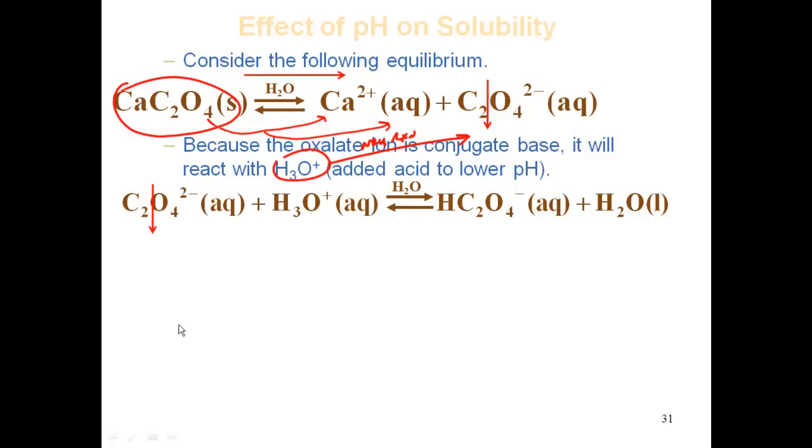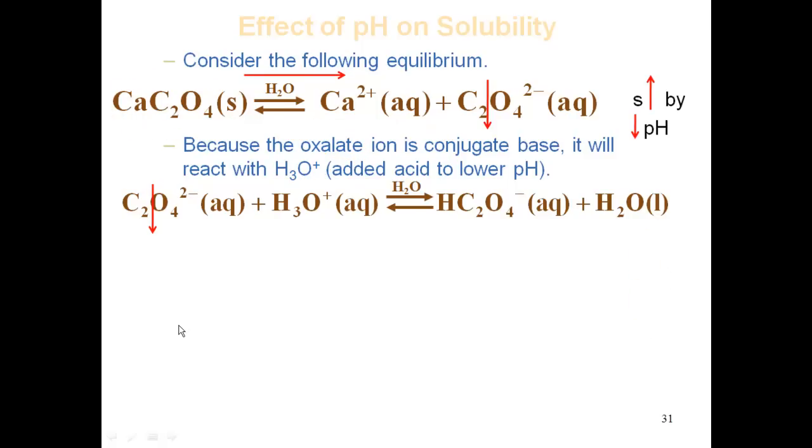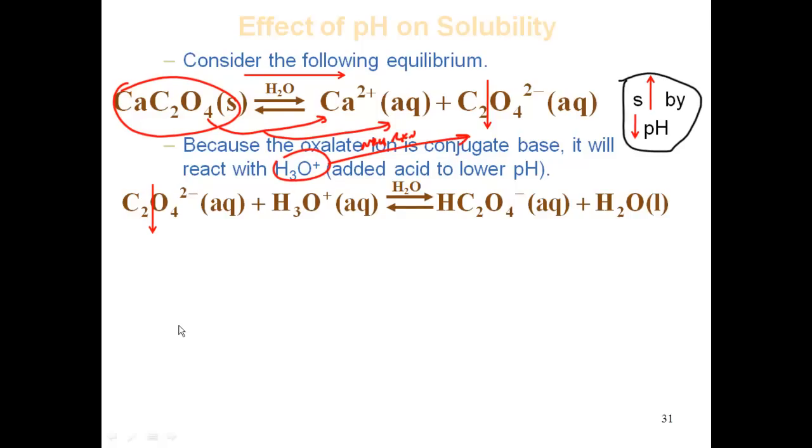Which way? Well, if the solid is breaking up into more ions, that means I'm getting more of that solid into the solution. That basically means that my solubility will be increasing by decreasing the pH. So in this particular example, my calcium oxalate, I can increase the solubility by decreasing the pH.